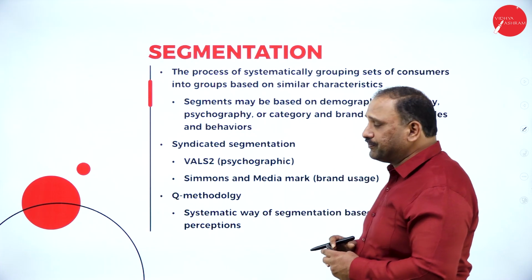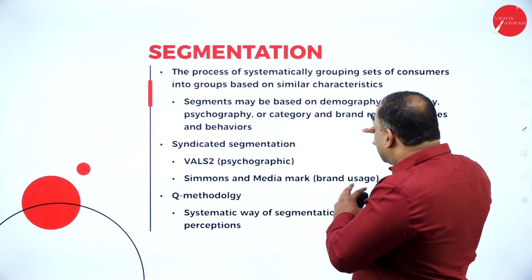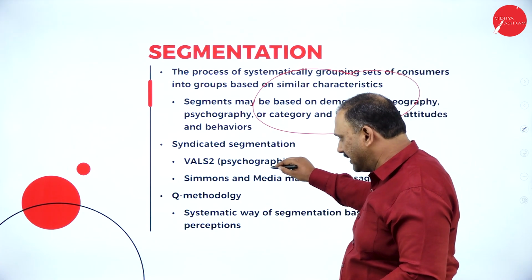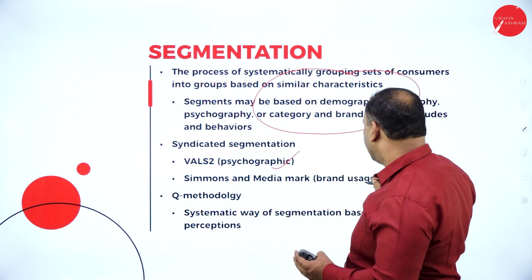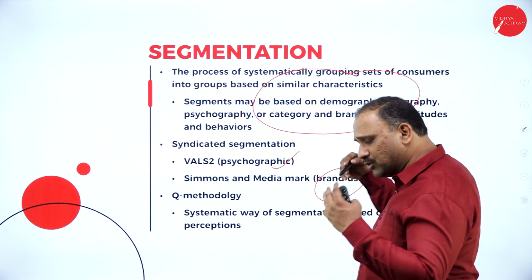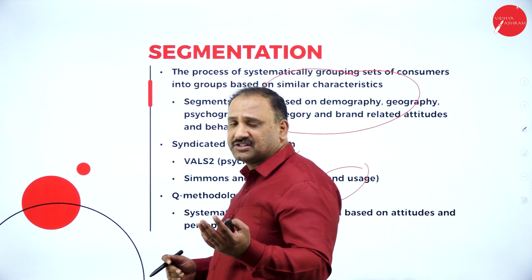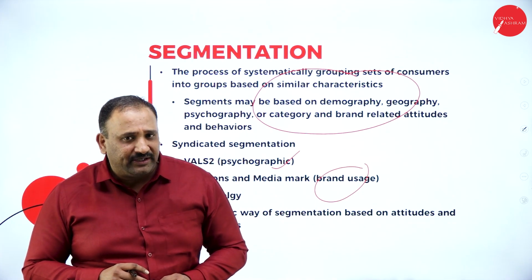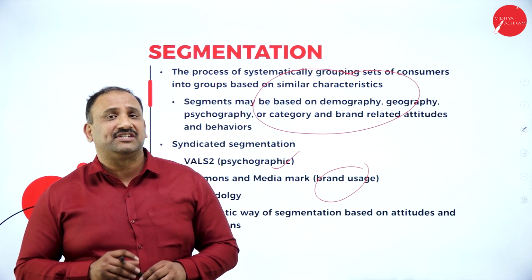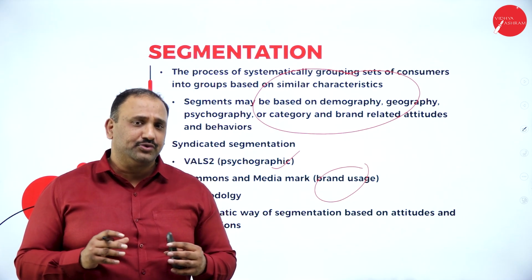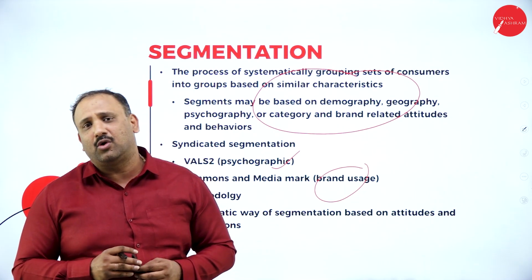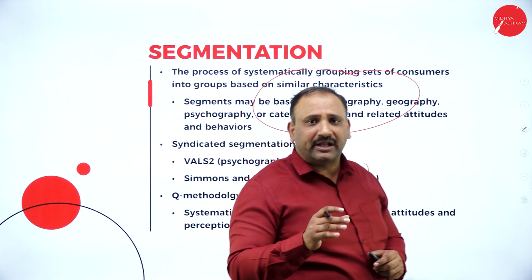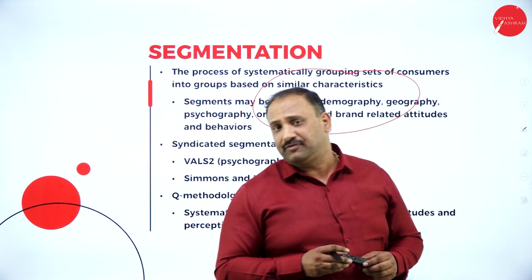Now, the segmentation. Segmentation is where you systematically group people on similar characteristics. It might be psychographic based, it might be brand usage based, it might be Q methodology, so many other factors can come into the picture. Normally, in any advertisement we tend to go on a psychographic basis, a user-based classification altogether, because that will help you understand your demography and your geography for the patterns of advertisement.